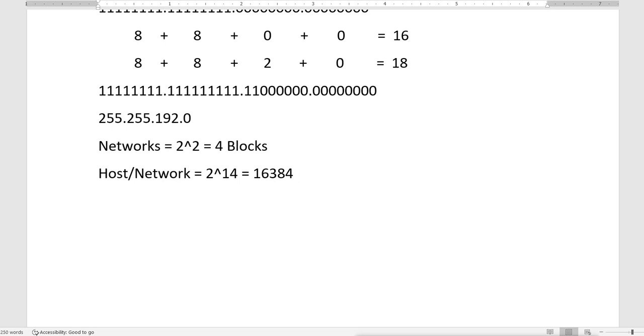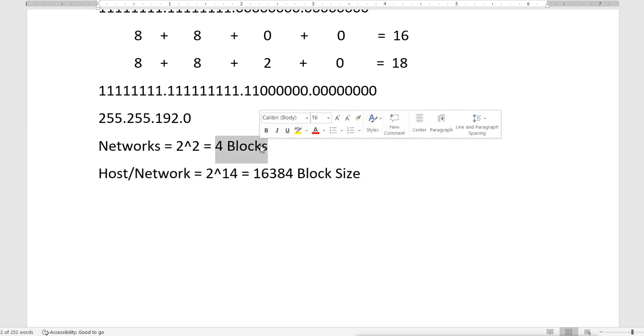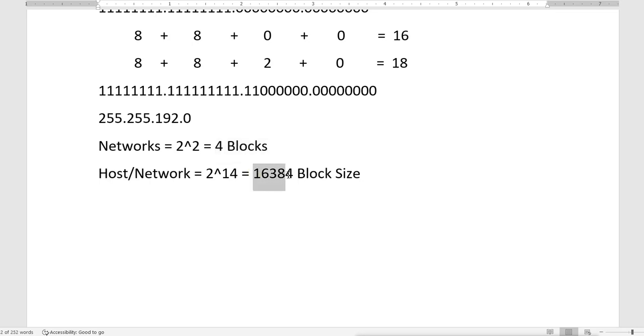Now I can say that this is my block size. That means I have 4 blocks here and the size of each block is 16,384 IPs.